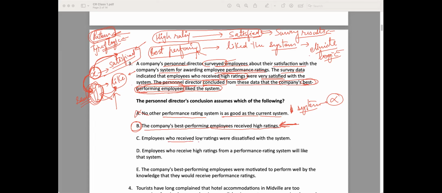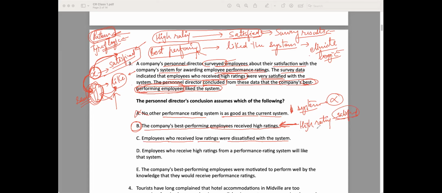Option C: employees who received low ratings were dissatisfied with the system. Now, we made the conclusion about people; the information is that people receiving high ratings are satisfied with the system.